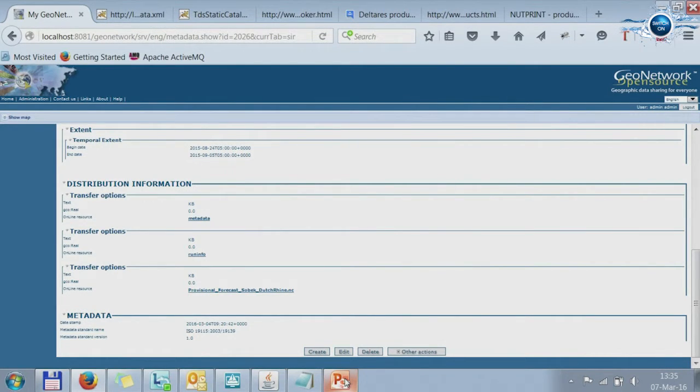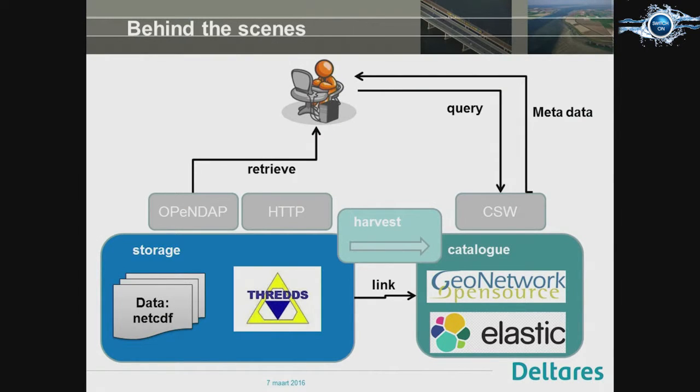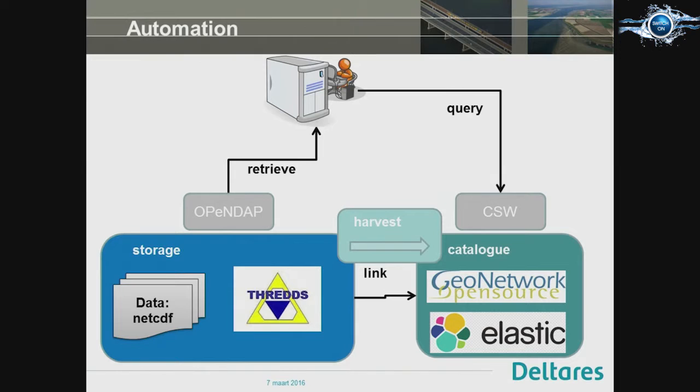This demonstration shows how a human user would interact with a catalog looking for data. What is often the case is that instead of a human user, there are machines going through the internet looking for information. The process is more or less the same, but a machine is not as capable as a human to sift through metadata looking for what is interesting or not.